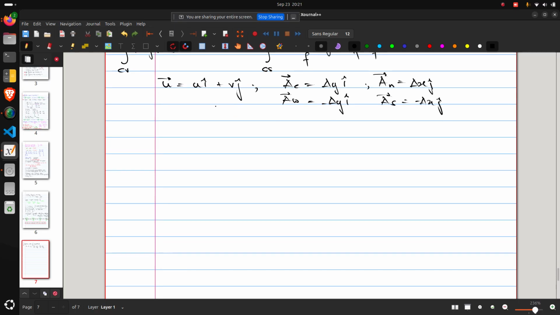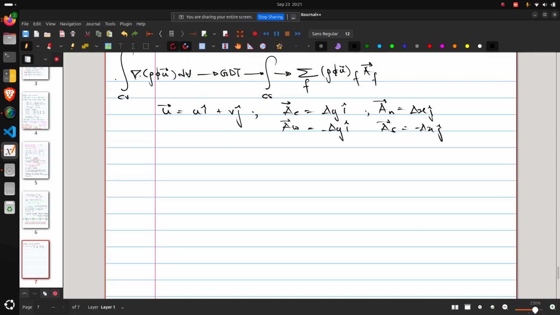Now, if we break down the summation part, what are we left with? We will have rho phi at east, and for our case this will be u times u east, at the face. The velocities will be different at different faces. We assume that we know that.